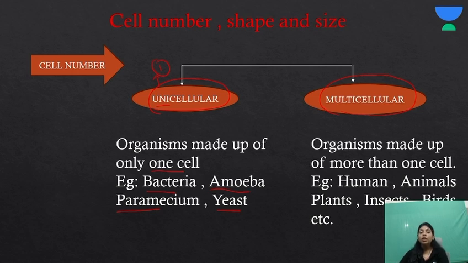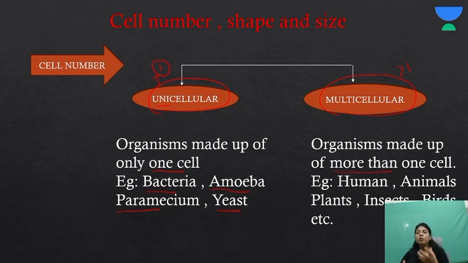On the other hand, you have multicellular. That means the organism contains more than one cell, that is two, four, million, billion, trillions. Okay, so these are made up of more than one cell, and the efficiency of such organisms is higher as compared to the unicellular because there are more cells. So there will be more resources, right?